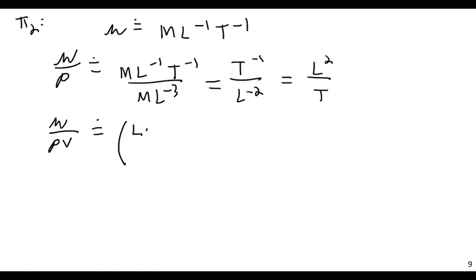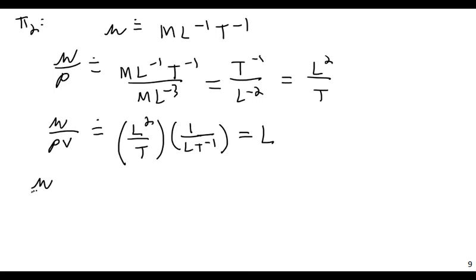So if I do this, I would have the same L squared over t multiplied by 1 over LT to the negative 1, which comes to simply L. The t cancels out, and I'm left just with L. And then I have to do something with the diameter. Well, that's easy.